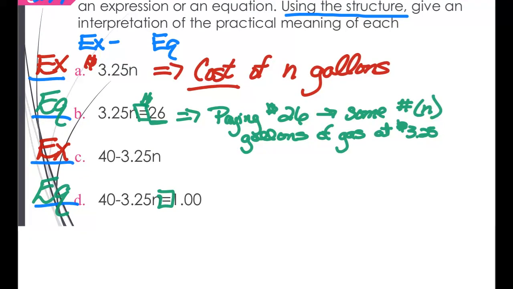All right. Letter C. What is going on here? 40 minus 3.25 N. Notice this is what we talked about up here. So we're saying 40 minus the cost of that N gallons of gas. Okay, but what do we call that amount of money minus?